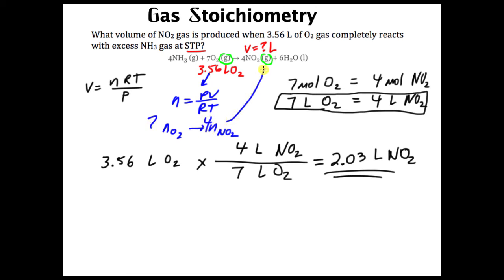Then you can convert that back to liters using PV equals nRT again, and the temperature and the pressure cancel out on both sides. So if you want to, you can convert moles of oxygen to moles of nitrogen dioxide, then use the volume version, volume equals nRT over pressure, and you'd end up with 2.03. Or you can just trust me that this will work.